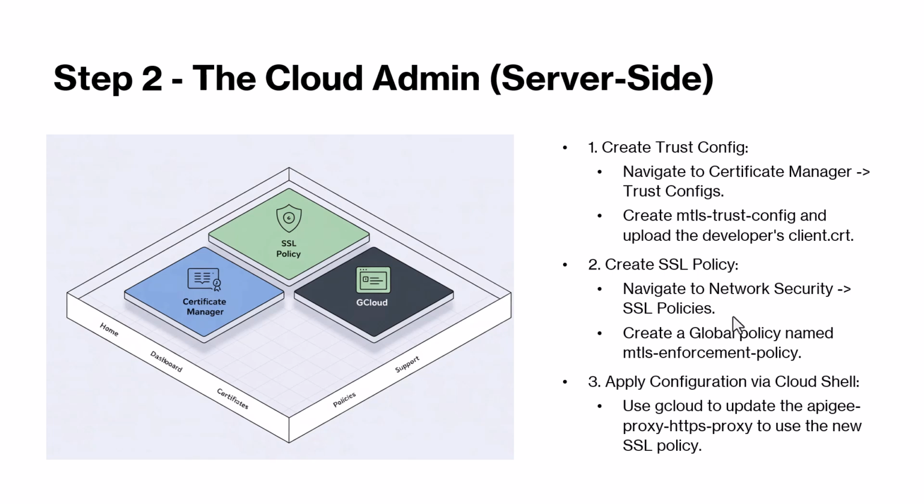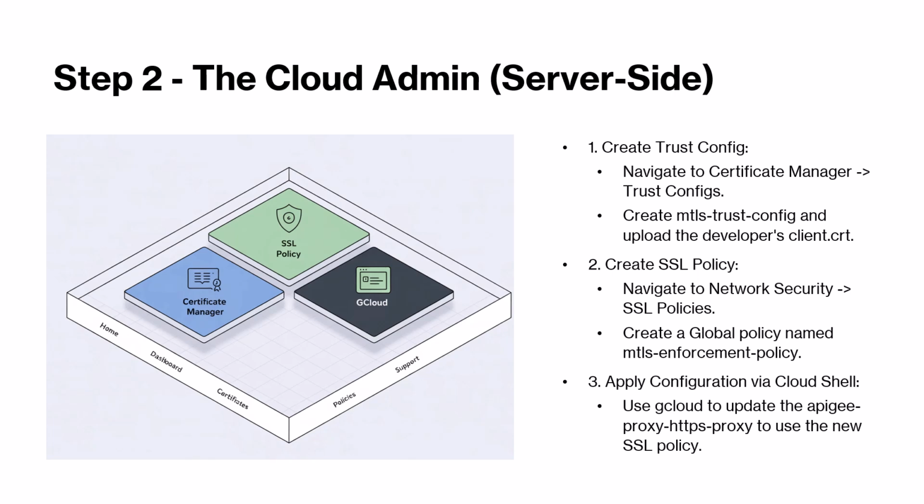Secondly, we went to the SSL policies and created a global policy that was to be eventually used to enforce our rules. Finally, because the UI for the Apigee managed load balancer is locked, we will open a Cloud Shell and run a gcloud command to programmatically attach our new SSL policy to the target proxy, activating our configuration.